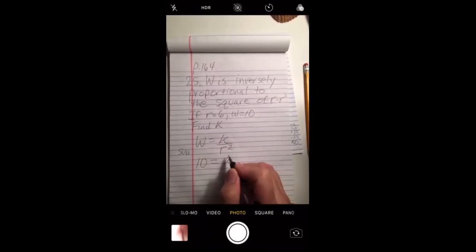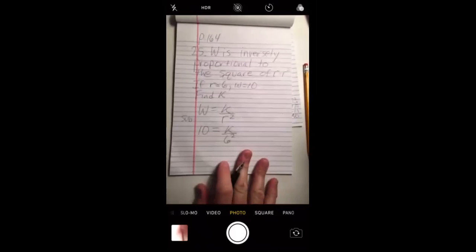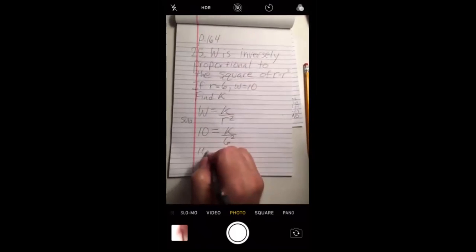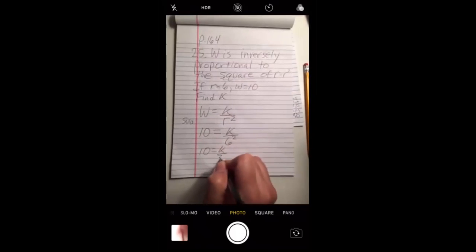No, sir. Okay. So we're going to sub in W equals 10, K, and R is 6, so that's divided by 6 squared. 10 equals K divided by 36.